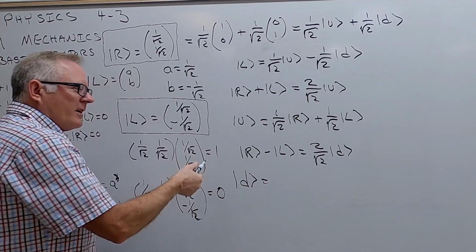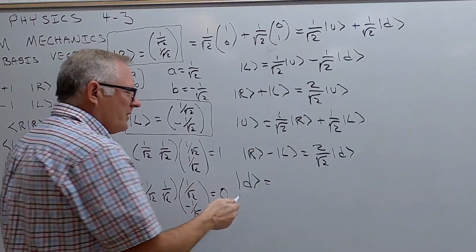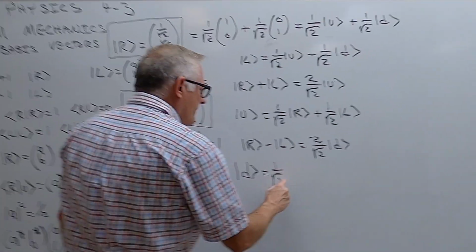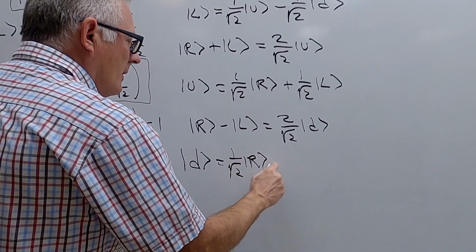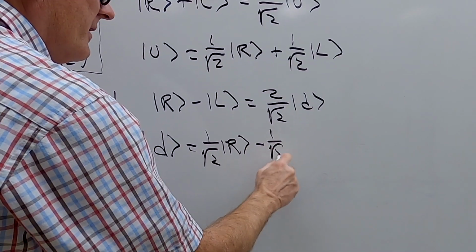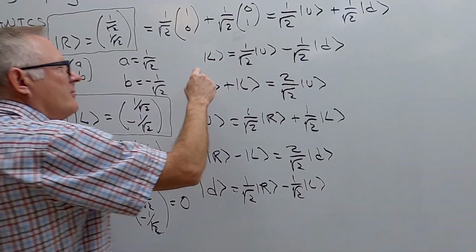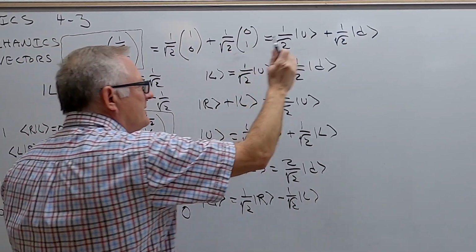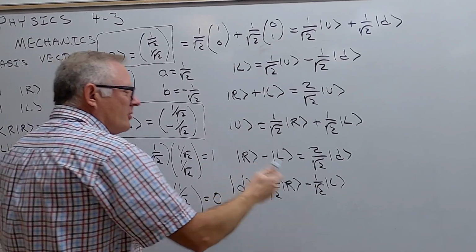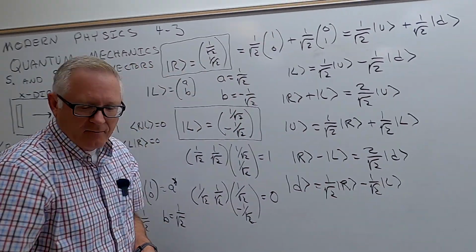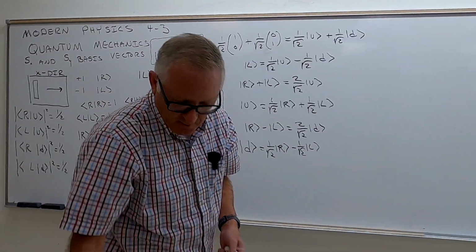Bring this over, it's square root of 2 over 2, which is 1 over the square root of 2 right minus 1 over the square root of 2 left. So I got ways of going from lefts and rights to ups and downs, or I can go up and down to rights and lefts. We can go back and forth right here. Okay.